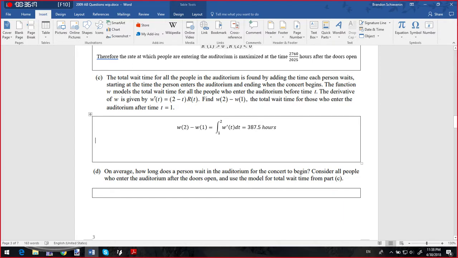So now only 1 hour passed, but collectively, if you were to add up all of the time that the people who entered the auditorium at 1 hour before it started waited until the time when the concert started, you would get 387.5 hours of time waited.